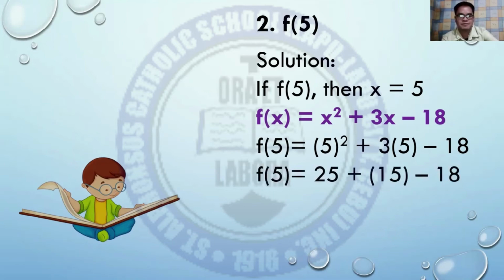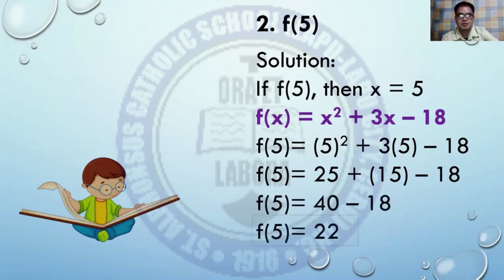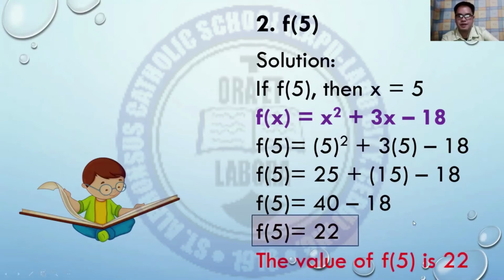Then, simplify them further by combining all of them. 25 plus 15, the answer is 40, minus 18, the answer is 22. Therefore, the value of f of 5 is 22. So, I hope you really get the simple instruction in evaluating a function.